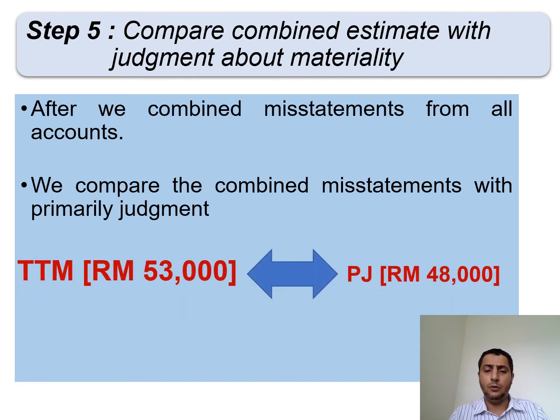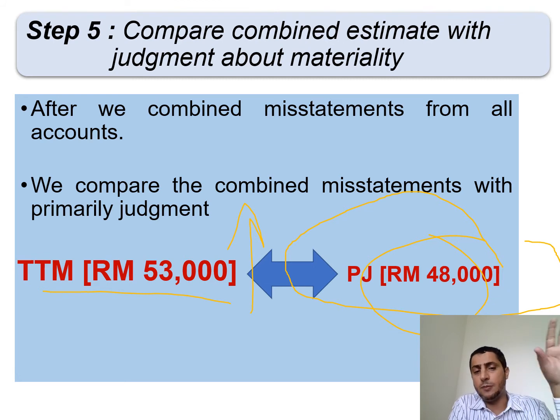In our example, the preliminary judgment set in step 1 is 48, and we compare it with the total misstatement, which is 53. So it is greater than the preliminary judgment. In this case, we will consider the financial statement, particularly the total assets, to have material misstatement.